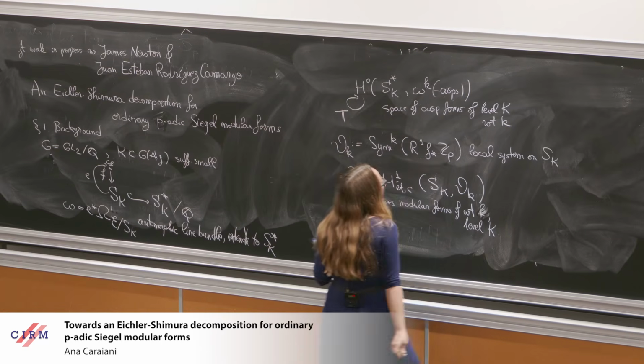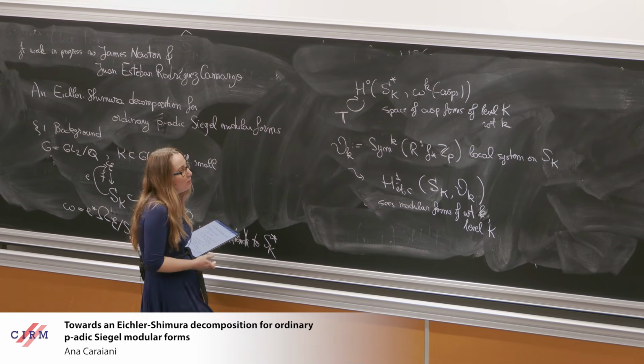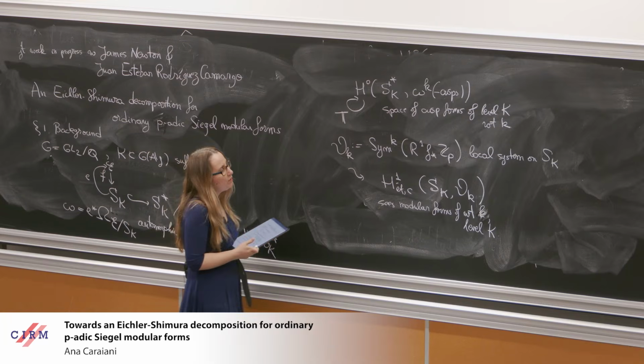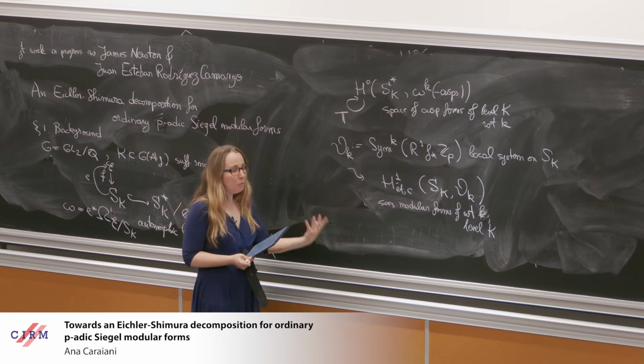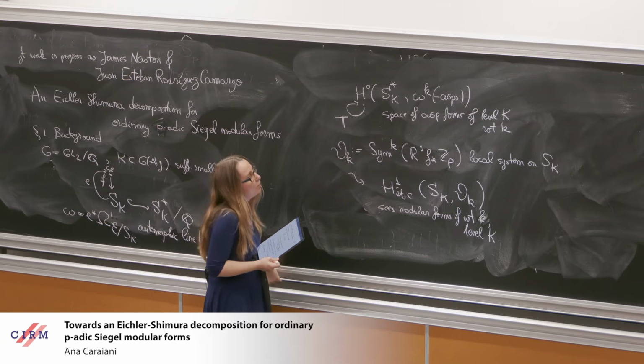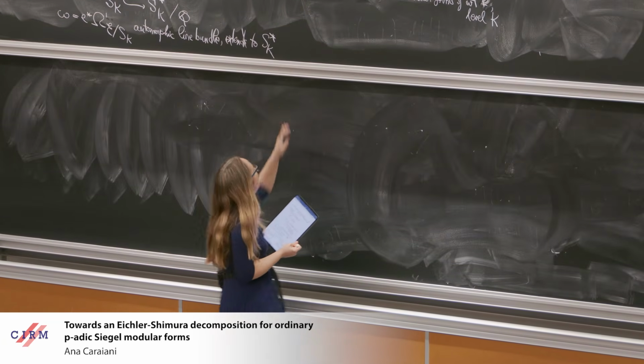All right, and the way that you compare them when you're in fixed weight and level is through the Eichler-Shimura decomposition. And I really want to use the p-adic version of this. So I want to write down what's known as Faltings' Hodge-Tate decomposition.